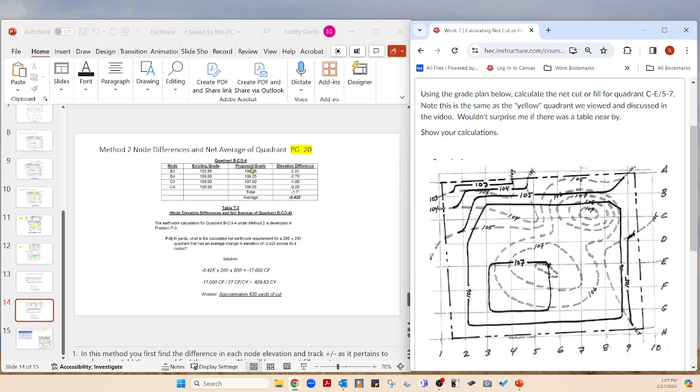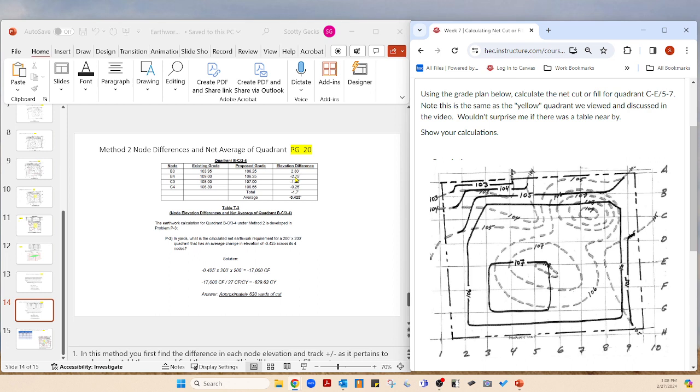Now, what they've done to get this positive number is they have subtracted proposed grade minus existing, and it gave them a positive number here. Now look at this. Proposed grade minus existing gives them a negative fill or cut here.